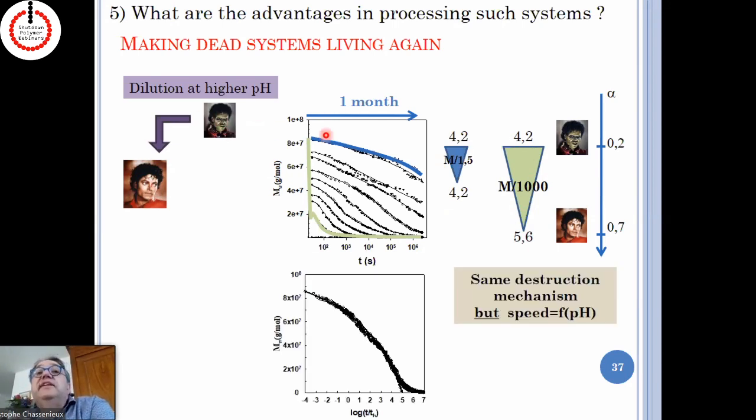The nice thing is that if you take all these curves, you are able to build a master curve, which means that the degradation process of your hydrogel is exactly the same and does not depend on the target pH that you reach, but the speed of degradation is related to the difference between the initial pH and the final pH of your system.